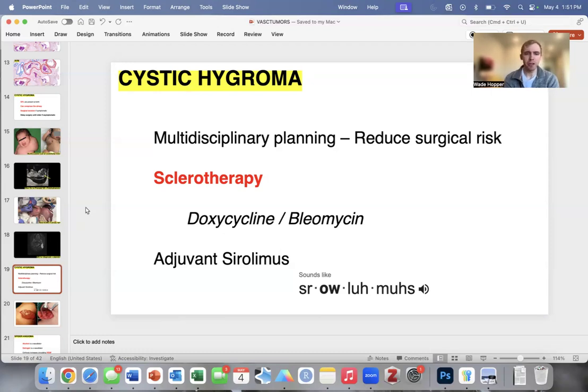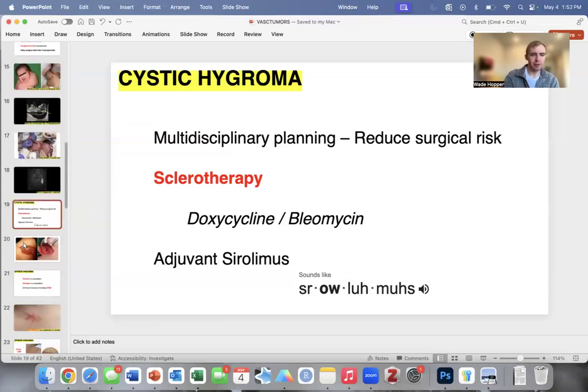You can also give these patients adjuvant sirolimus, or really just wanted to include that just to tell you guys how to pronounce sirolimus or tacrolimus. It's not sirolimus, it's not tacrolimus, it's sirolimus and tacrolimus. And these are basically anti-proliferative medicines, mTOR inhibitors, rapamycin inhibitors.